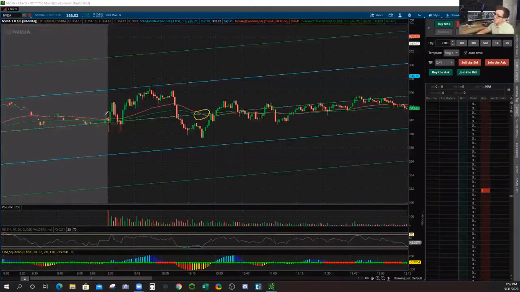Because let's look at it like this. Not that we want to take action when it crosses, but now we know that the stock is kind of weak essentially on the day, right? Think about it. We started with a nice move up. The 50's over the green, right? Everything's looking smooth. And then we have this big sell-off. Once we get this big sell-off, far enough, essentially these moving averages cross.